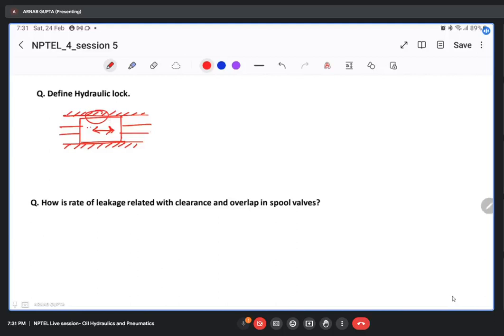So there may be some region where there is sticking between the outer casing and the spool while it is sliding. During the sliding condition, it is trying to stick to it. That is basically called the stick slip phenomenon.